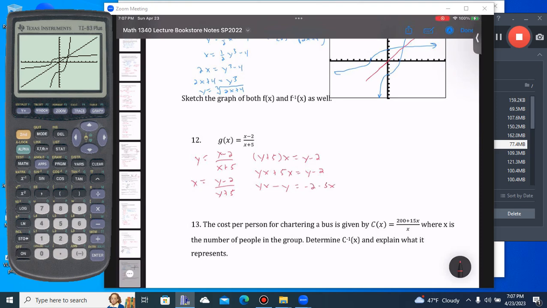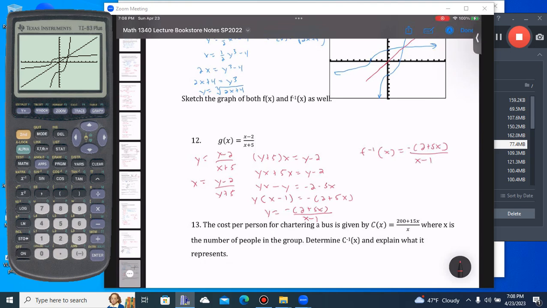Pull out a negative sign, and I'm going to pull out a y on the left side. So y times x minus 1 equals negative times 2 plus 5x. So y equals negative 2 plus 5x over x minus 1. So f inverse of x is negative 2 plus 5x over x minus 1.